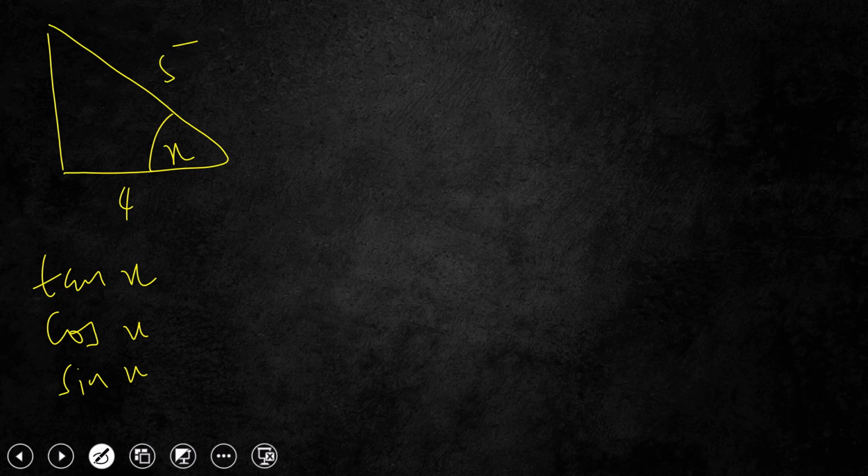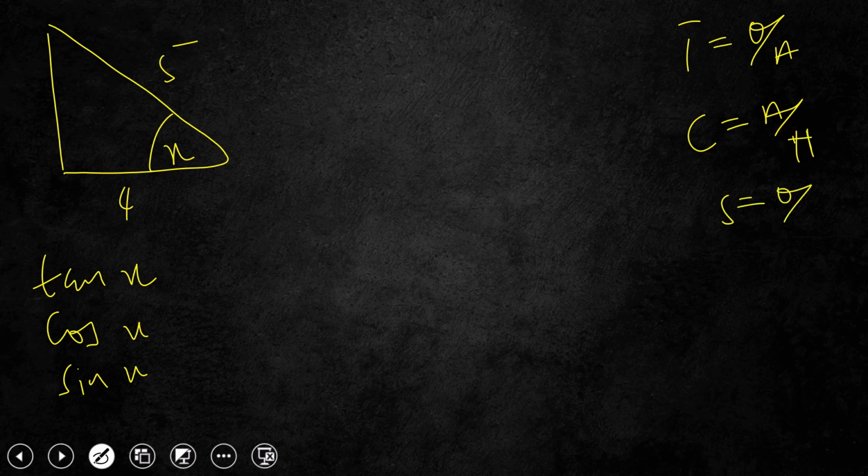Now if I want to find the tan of x, the tan is equal to the opposite over the adjacent. The cos is given as the adjacent over the hypotenuse, and the sine is given as the opposite over the hypotenuse. Now to recall this, you can use SOHCAHTOA to recall this. Okay, so we know of this. That is the SOHCAHTOA.